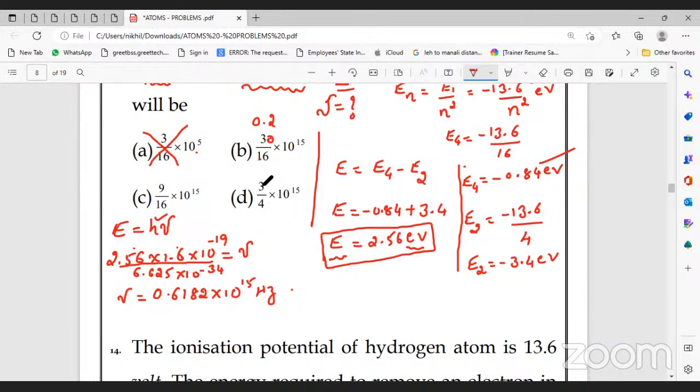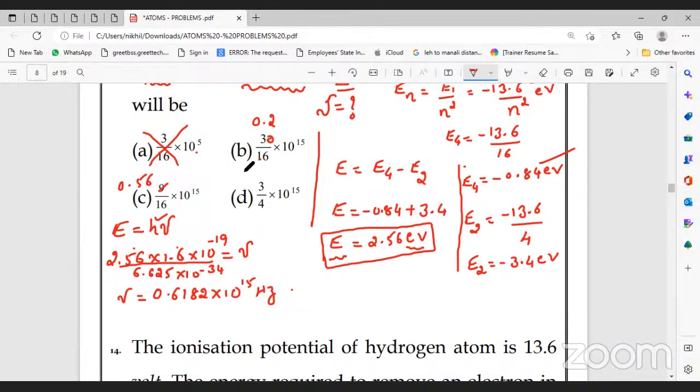And 3 by 4 is approximately 0.75. And 9 by 16 is 0.56. So this is approximately 0.56 into 10 power 15.